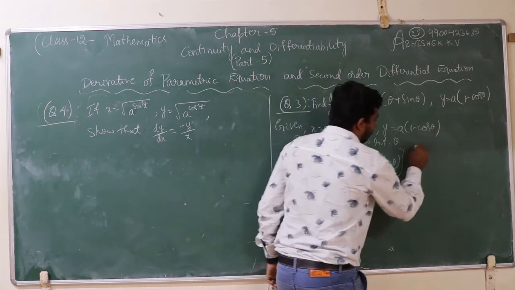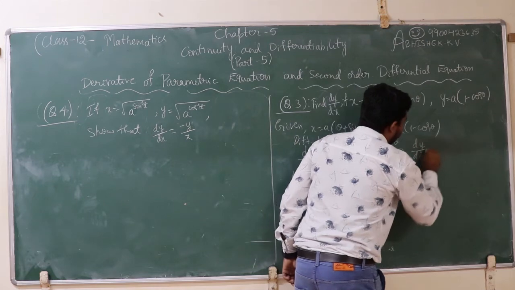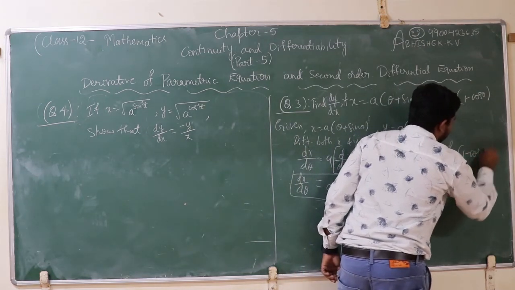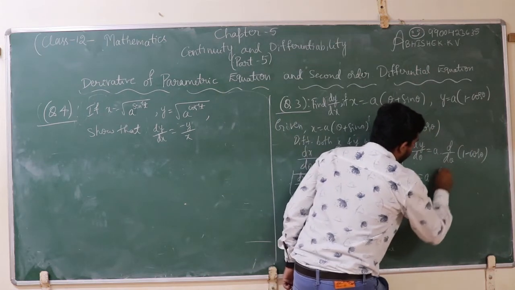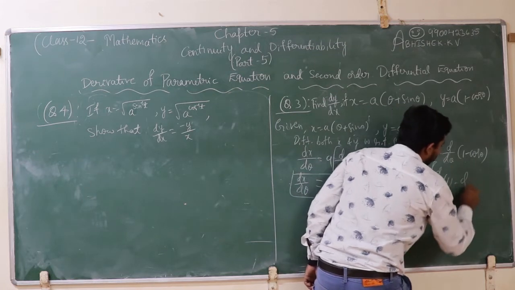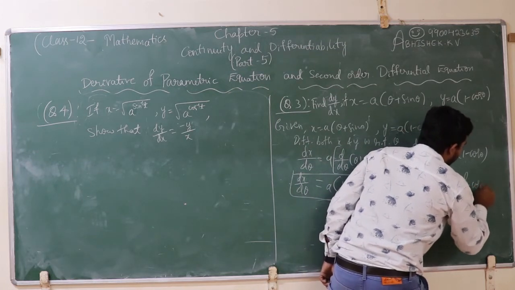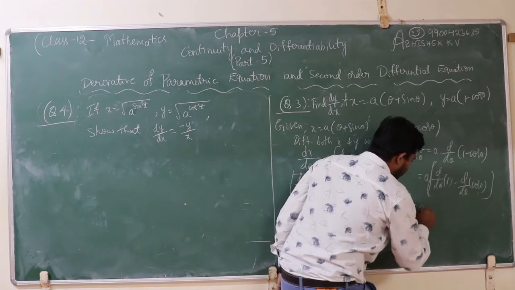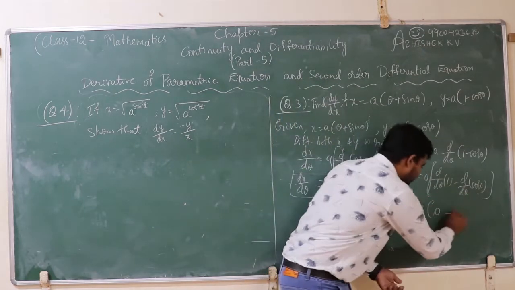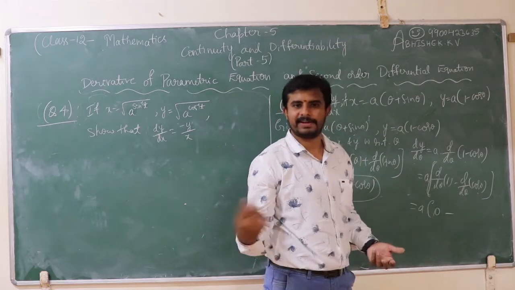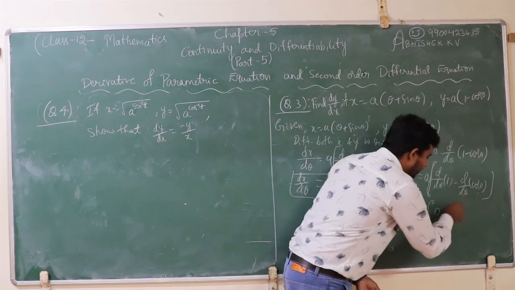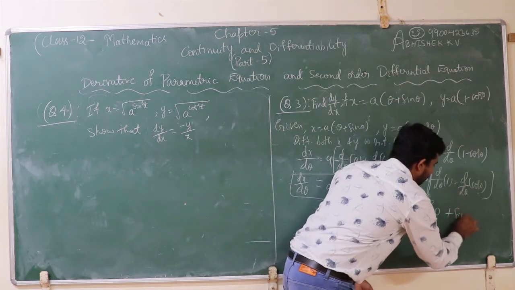Then for y, dy by d theta is equal to a into d by d theta of 1 minus cos theta. This implies a into d by d theta of 1 minus d by d theta of cos theta. This implies a into d by d theta of 1 is 0, because the derivative of a constant with respect to anything is 0, minus derivative of cos theta with respect to theta, which is minus sin theta, minus into minus gives plus sin theta.